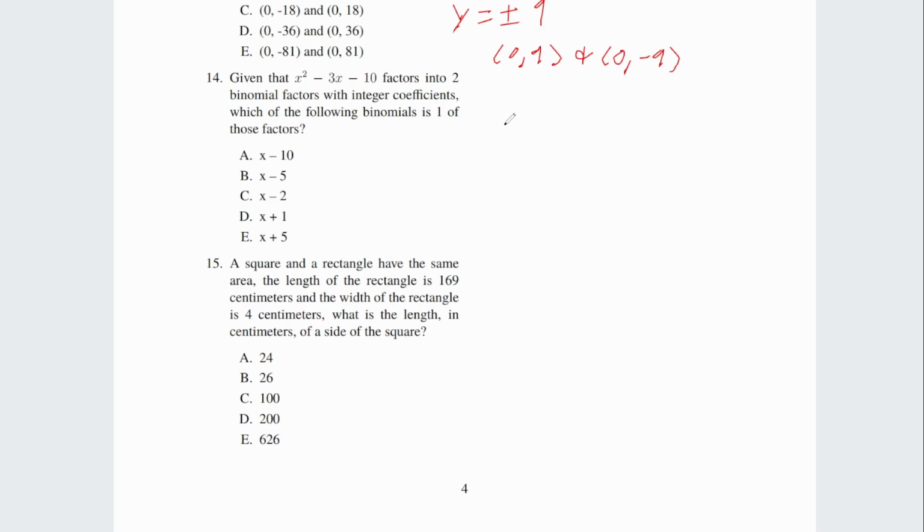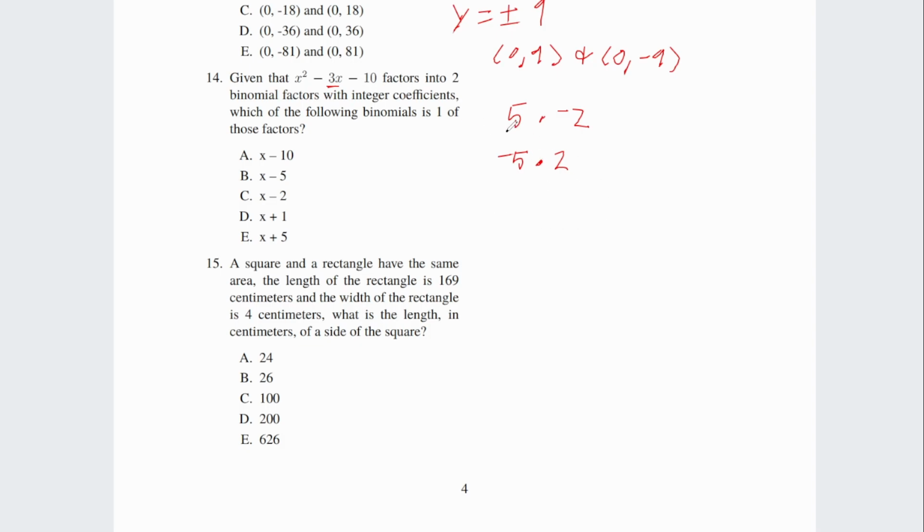Obviously there's no way to add up 10, 1, negative 1, and negative 10 to add up to 3. So we're really looking at 5 times negative 2, or negative 5 times 2, in terms of these constants that we're adding to the end of these binomials.